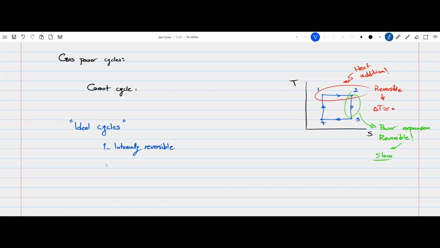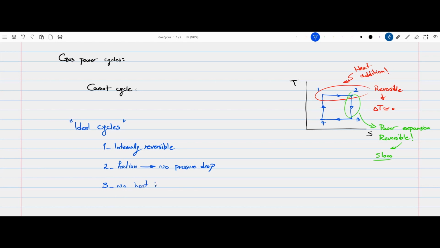So although the ideal cycle is now internally reversible, it is still an ideal cycle, meaning that we don't want to deal with any friction in the system, which means no pressure drop in the system. And also, we don't want to deal with any unwanted heat transfer between the system and the surroundings.